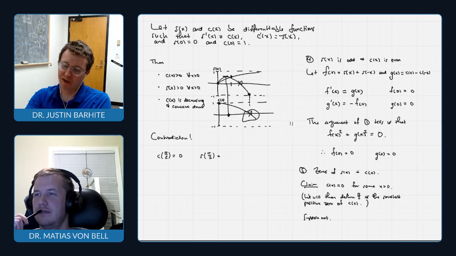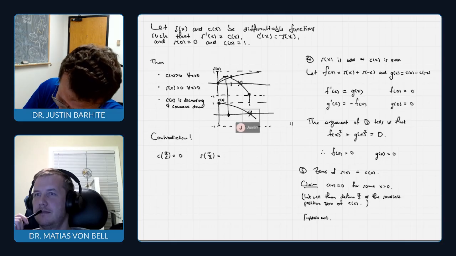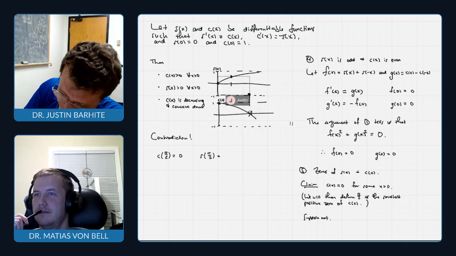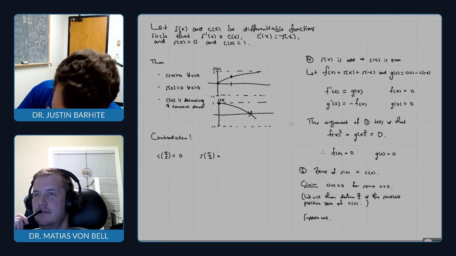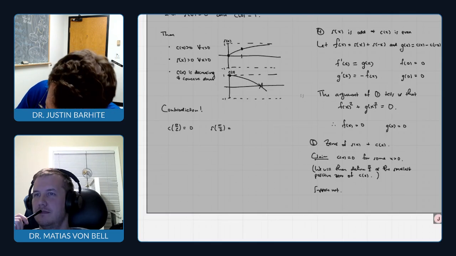It'd have to have a 0 at a smaller x value than the smallest x value where it has a 0. So that's a contradiction. So that's why it can't be negative 1. So we now know it's 1.